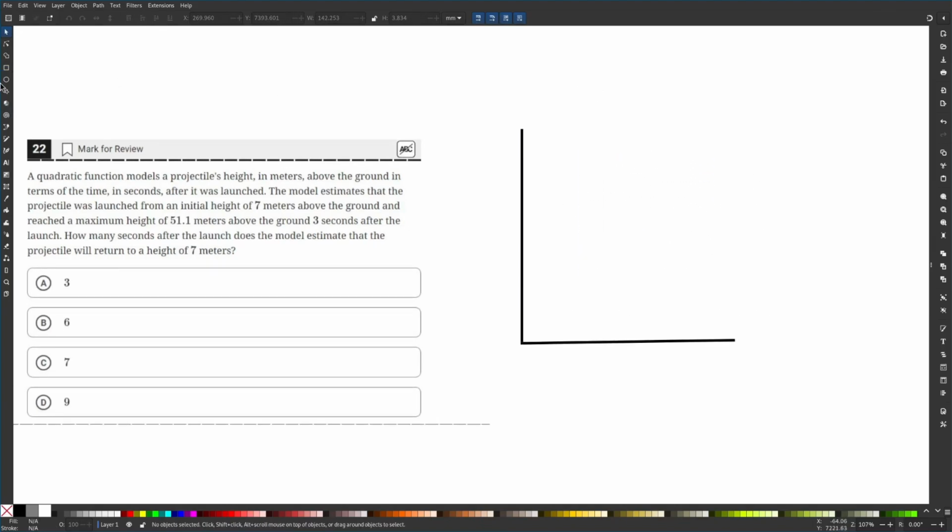Okay. And we have a point here, just label this real quick, seconds and meters. And so the initial height is 7 meters above the ground, which means at 0 seconds, we've got 7 meters.